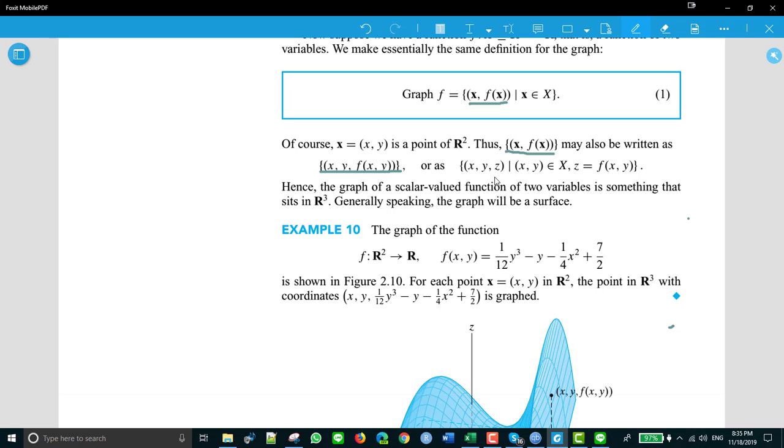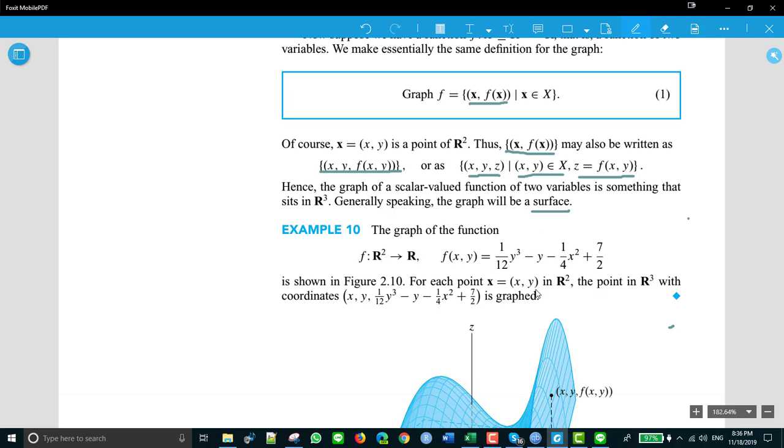But the curve, so to speak, is actually going to be a surface, which is a 2-dimensional object, even though it's sitting in 3 space. Okay, again, another way to write this is this, such that x, y is in X and z is the output of that. So she says, hence the graph of a scalar valued function of 2 variables is something that sits in R3. Generally speaking, the graph will be a surface.